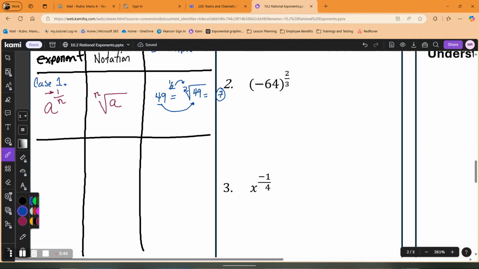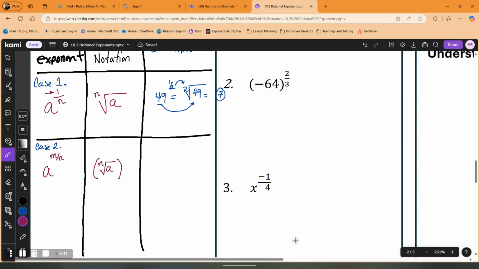Let's look at case number 2. This is where we're going to have any number raised to m divided by n, where m and n can be any number. And in radical notation, we draw parentheses. N goes here, just like in the first case.